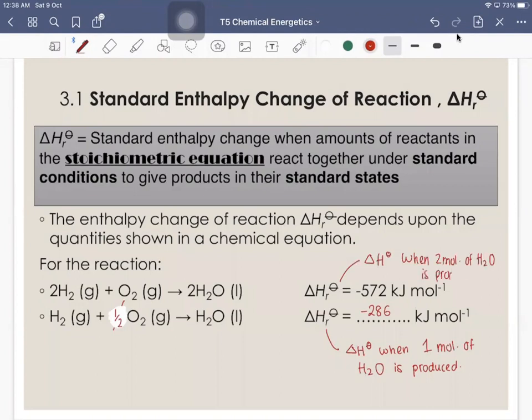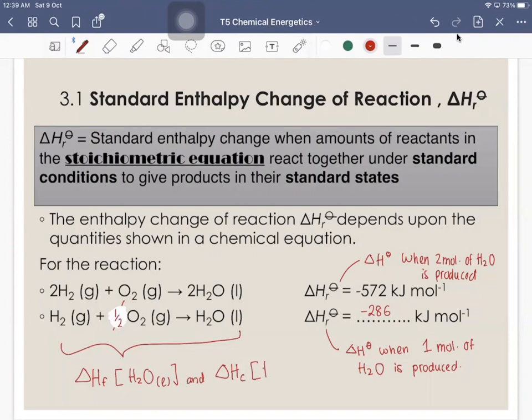Okay, and actually this reaction, the second one, is a reaction for the delta HF of H2O liquid. So this is the equation for the enthalpy change of formation of water, and this is also the equation for delta HC, combustion of H2 gas.